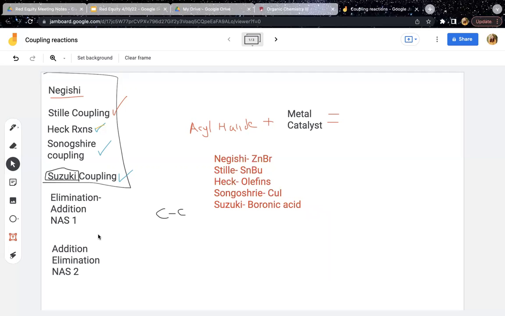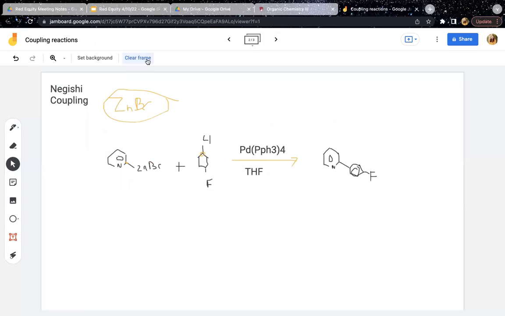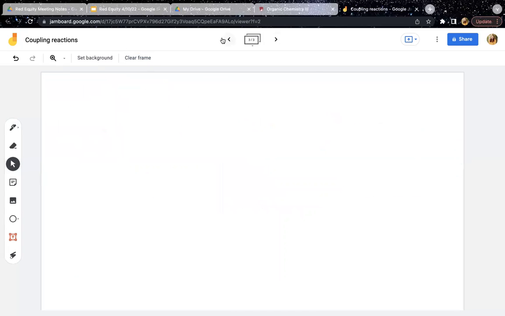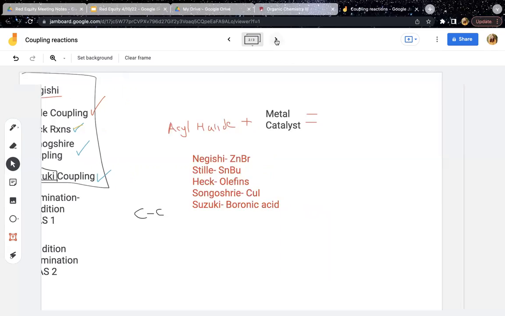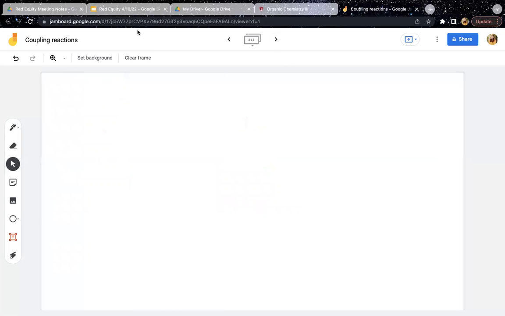And then quickly, we'll talk about NAS reactions. So we'll first start with NAS1, which is elimination addition. For this one, I'm just going to go ahead and draw out a problem because I think it's easiest to just see it that way.